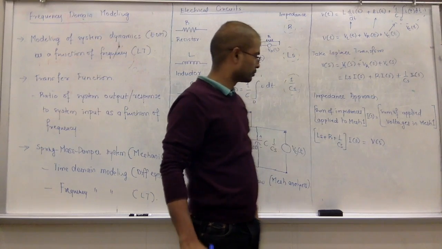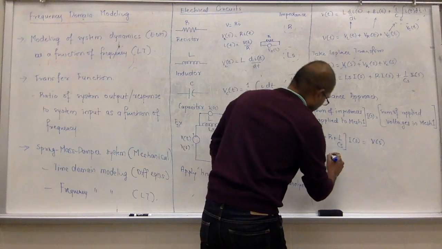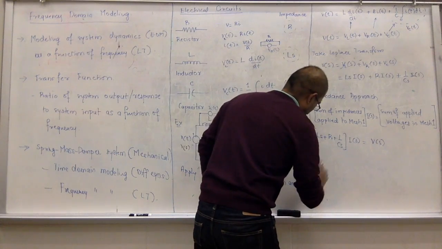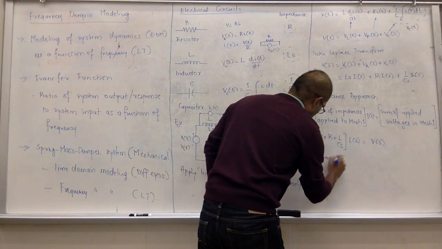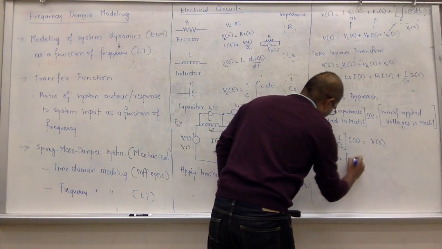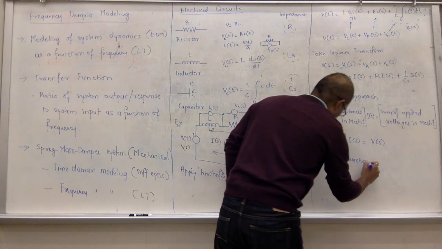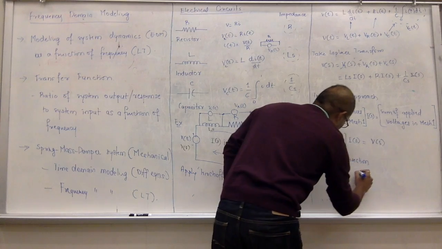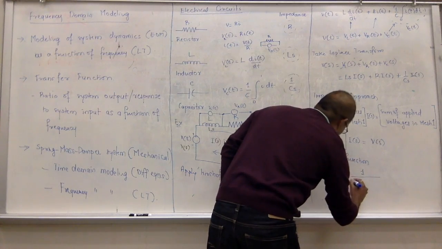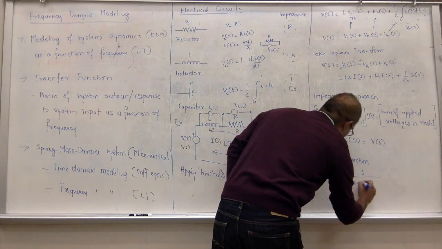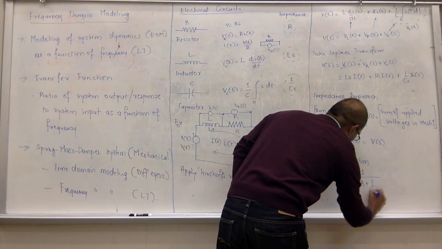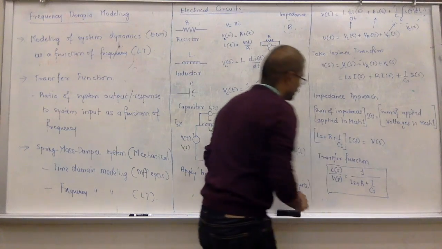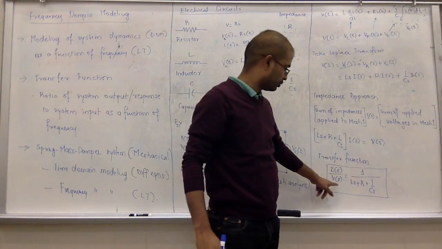So transfer function wise, what do you do? Transfer function is I of s over V of s is equal to 1 divided by Ls plus R. So think about what you're trying to do.